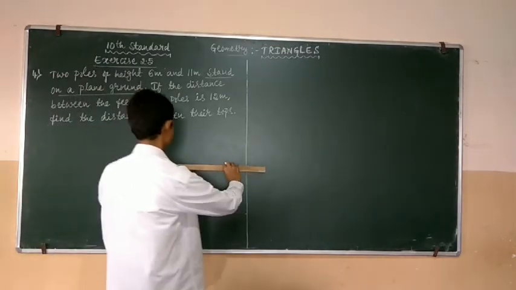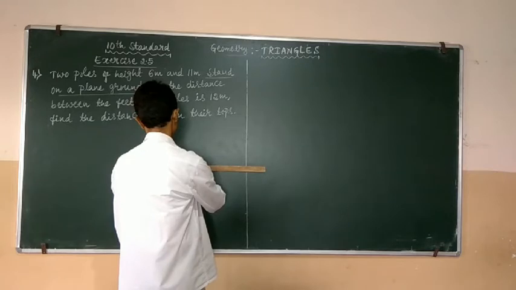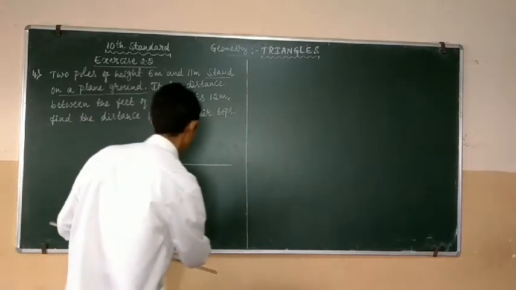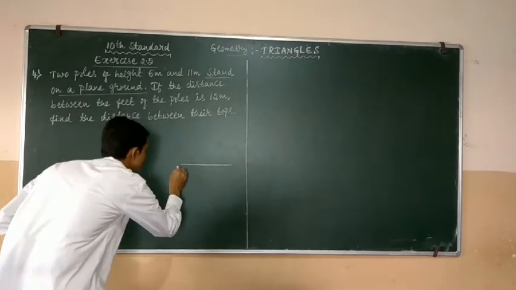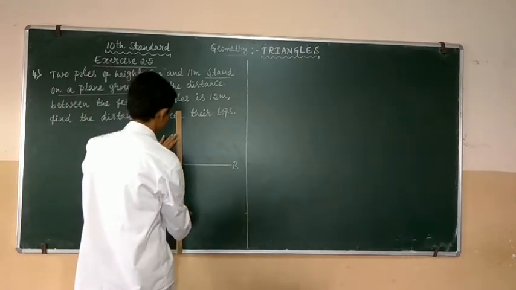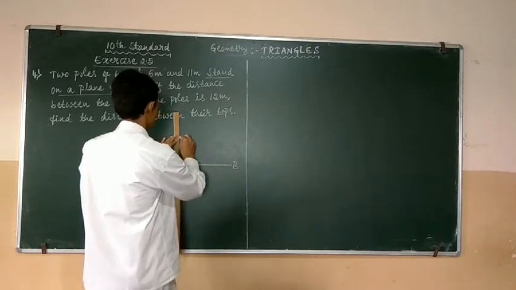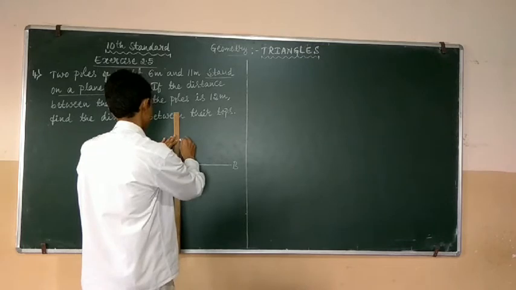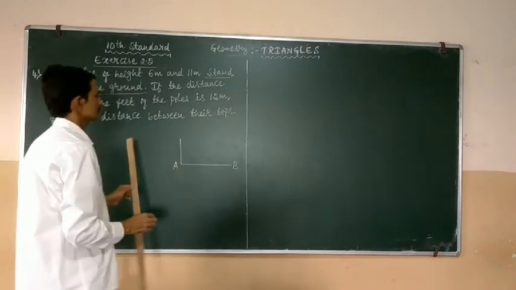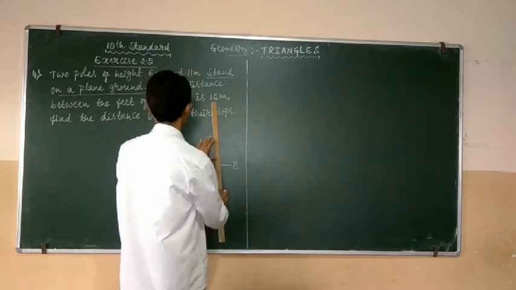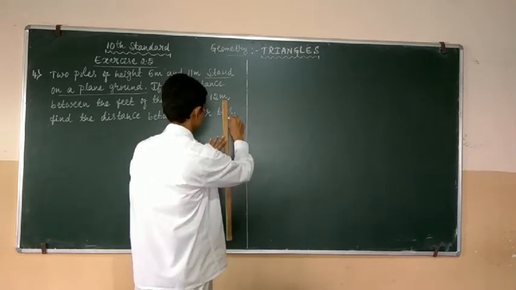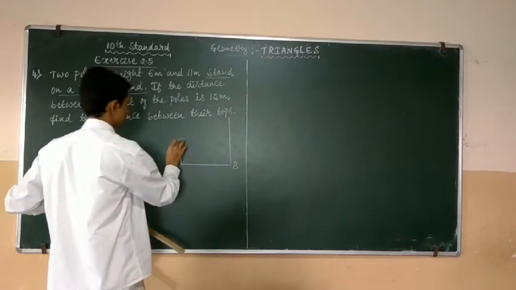Now we will draw the two poles. This is a plain ground, call this A and B. The height of the first pole is 6 meter, and another pole is 11 meter.